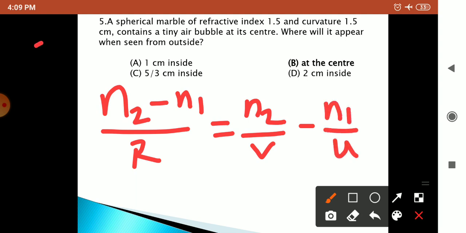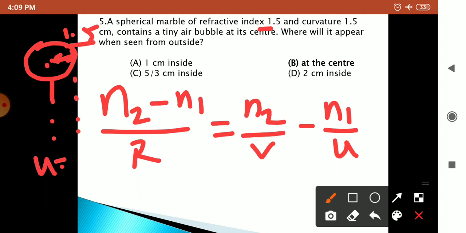So here we have that marble having refractive index of 1.5 and that air bubble is at the center. Its radius of curvature they have given as 1.5 centimeter. So from center to end point it is 1.5 centimeter, and u is equal to minus 1.5 centimeter here, right?